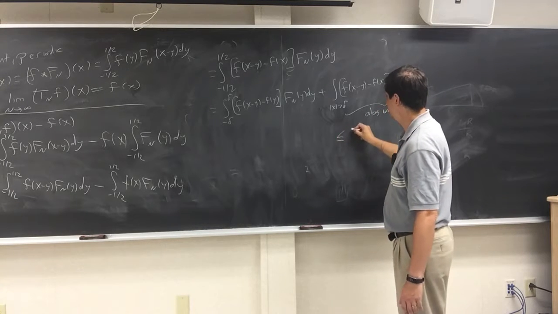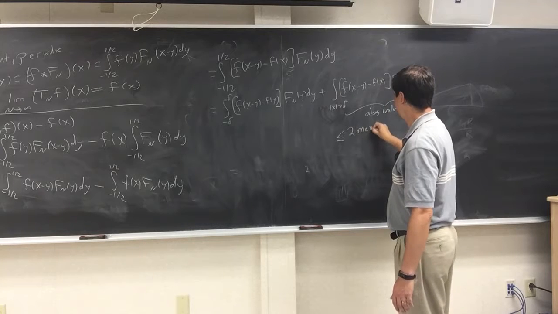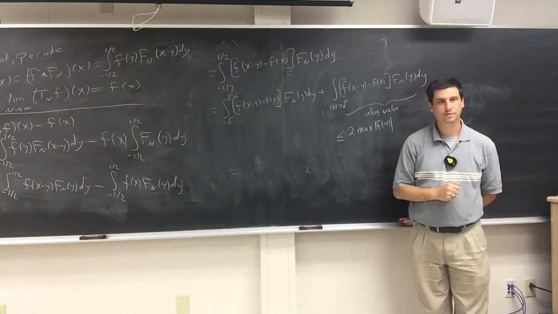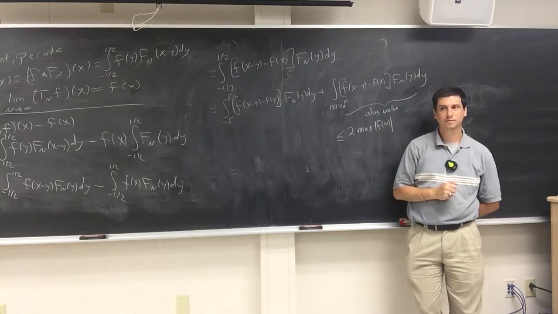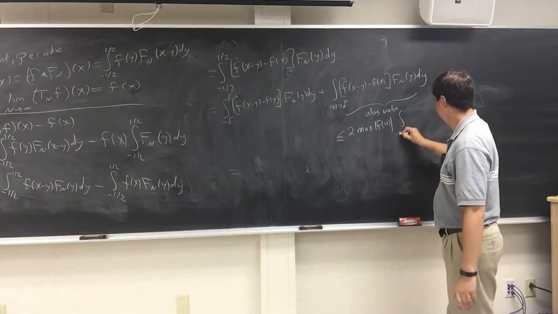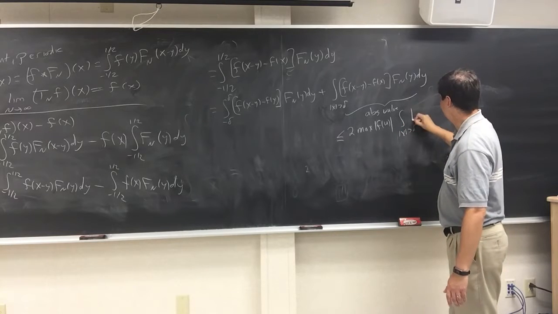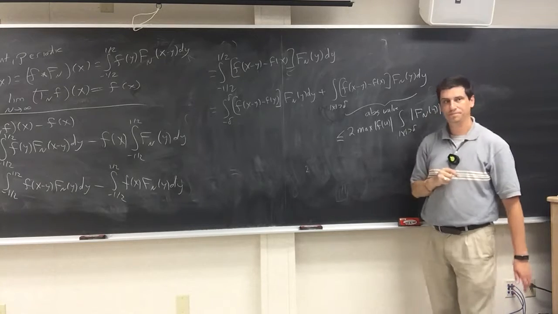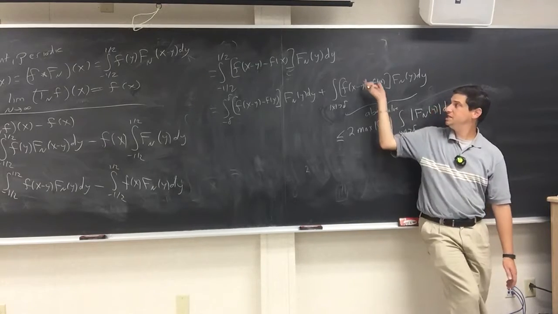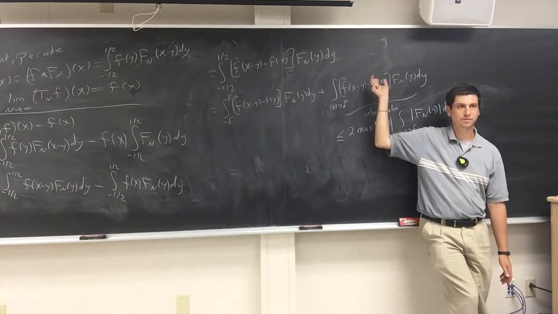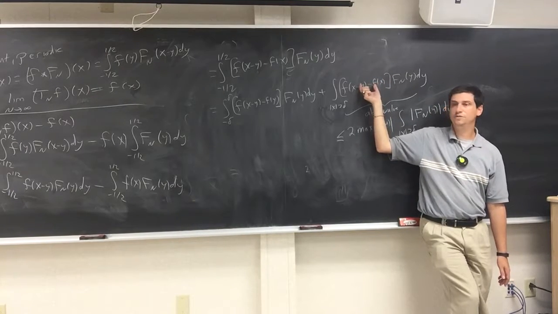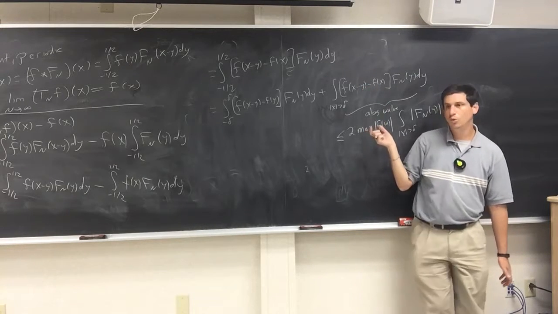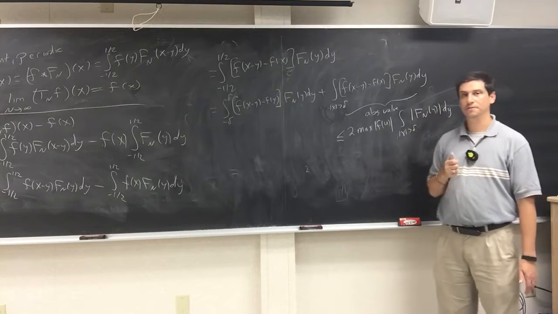This will be less than or equal to twice the maximum of f, we'll call it f u, times the integral over y greater than delta of the absolute value of fn of y dy. I'm just taking the absolute value of this expression as a bound. The absolute value of this difference is going to be at most twice the maximum value, which is fixed. What do we know about the absolute value of fn of y?